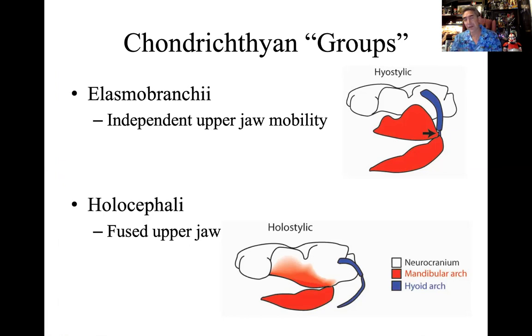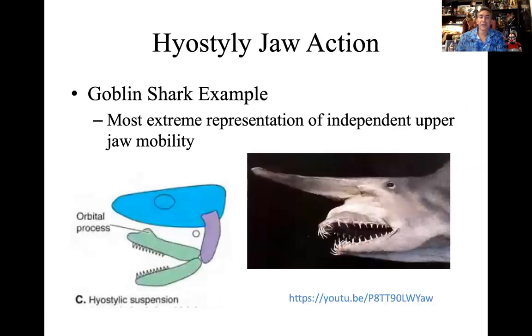So I'll let you ponder that. Maybe a good test question, we'll see. As we get into this hyostylic or hyostyly jaw action, the best example I can give you is that of the goblin shark. So I uploaded a link onto your Blackboard page, the hyostyly jaw action of the goblin shark.